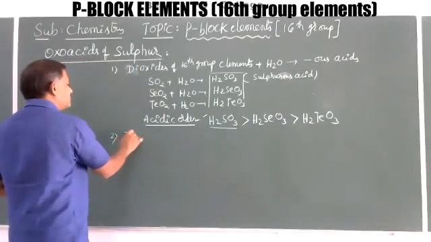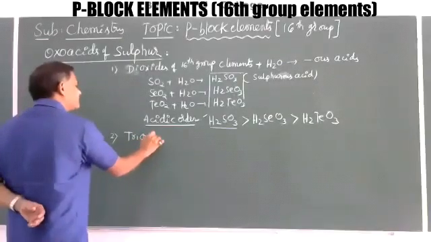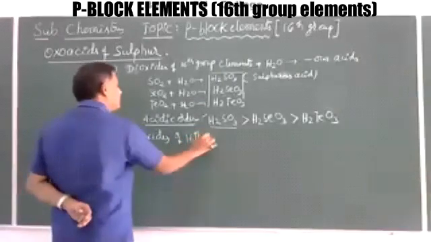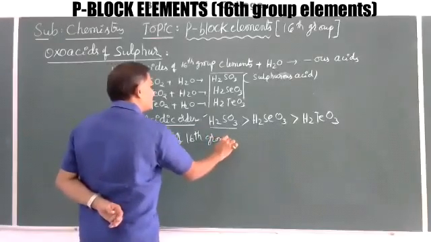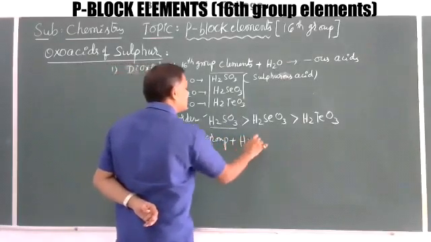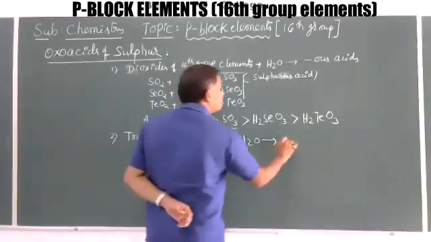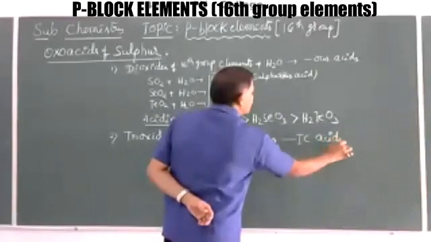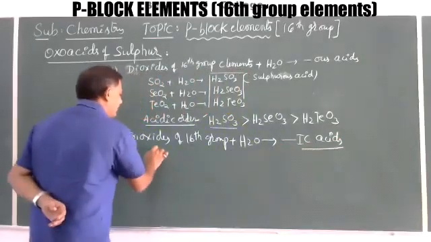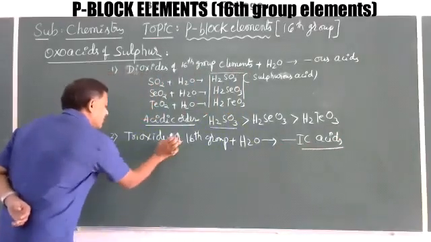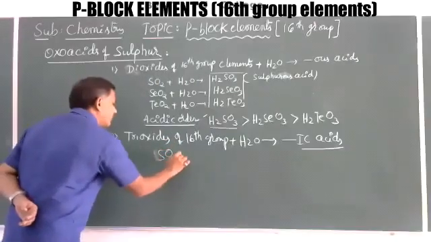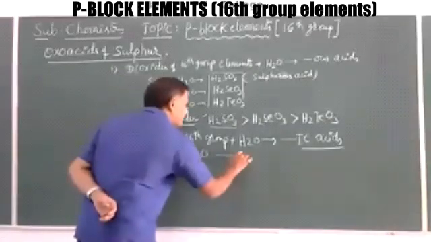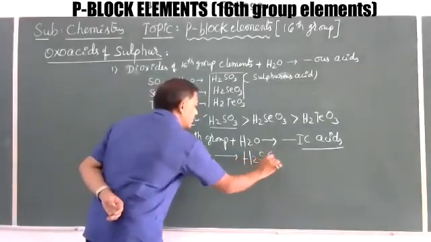Second one is trioxides. Trioxides of 16th group elements dissolved in water give the corresponding ic acids. Like here, SO3, sulfur trioxide, is dissolved in water, it gives H2SO4.